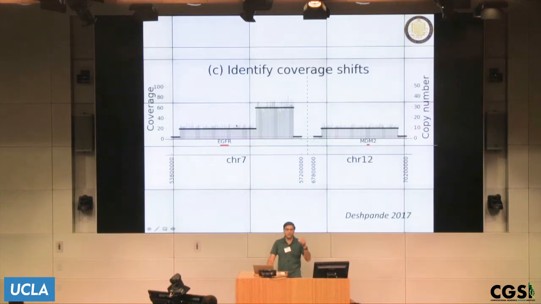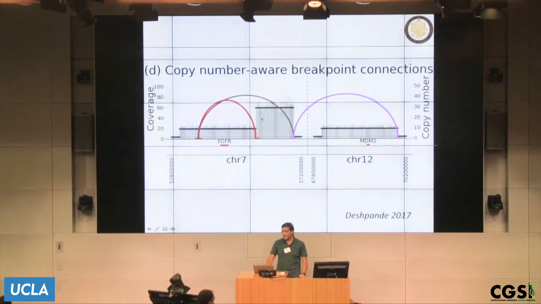It's very similar to how people do copy number analyses, but we smooth out, and we can see at this point that this region has an identical copy number, but then there's a sudden jump to another copy number. And the sudden jump simply indicates that this segment has made many copies. Those copies don't have to be co-located, but there are multiple copies. And so at that point, it looks for additional breakpoints that explain these copies. So these are reads that might say that this segment is now connected here.